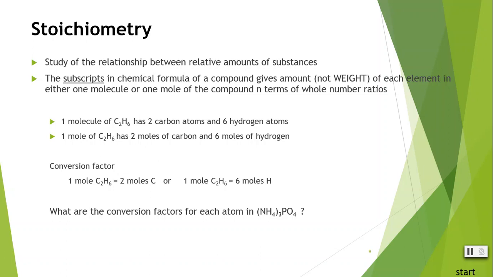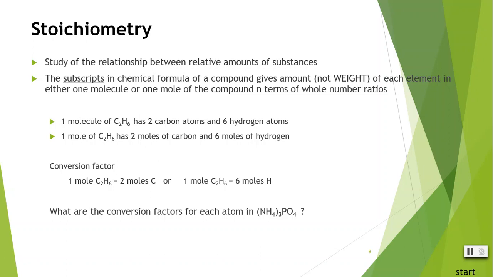So if I had a whole mole of that hydrocarbon, C2H6, then I'm going to have twice as many moles of carbon and 6 times as many moles of hydrogen. So those subscripts that we can use as conversion factors on a mole basis are going to be really important and useful to us going forward in this chapter.